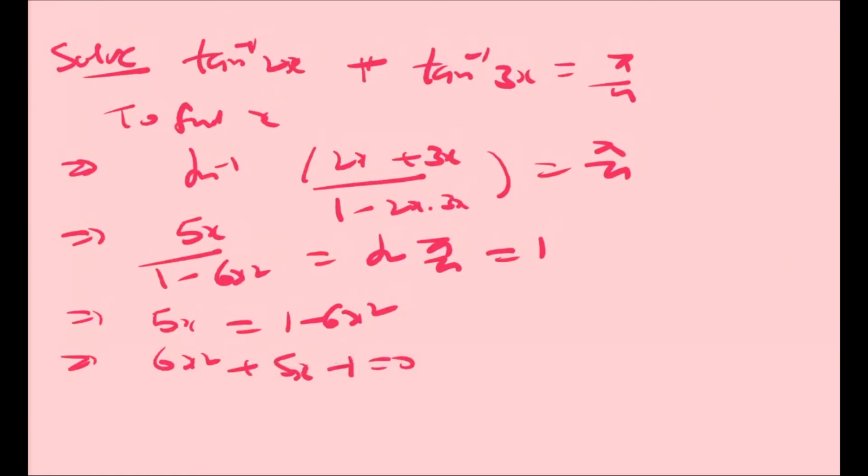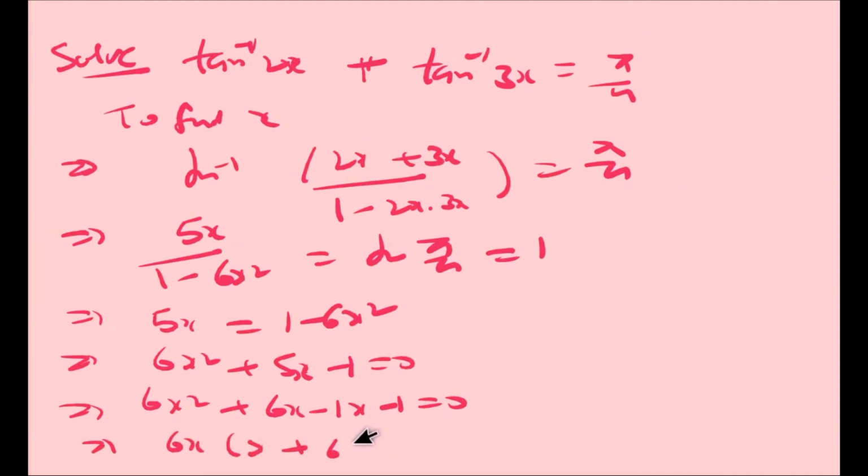Okay, so we can go to the factorization of this, that is 6x square plus 6x minus 1x minus 1. We can take the factor 6x common, x plus 1, and minus 1 common, x plus 1.